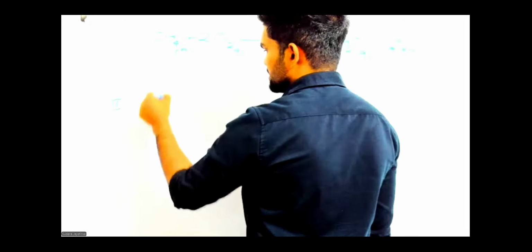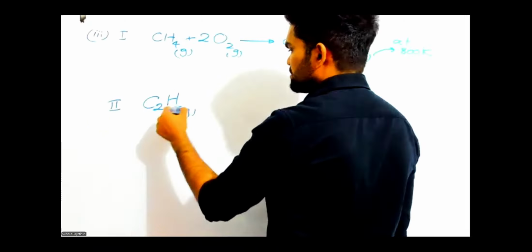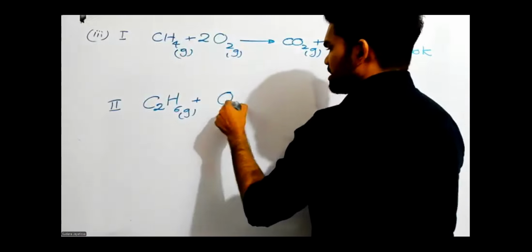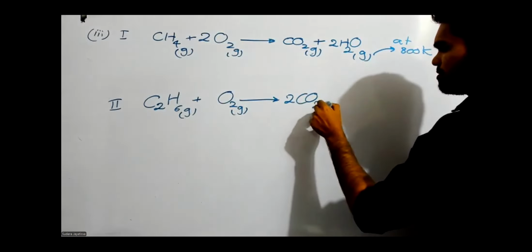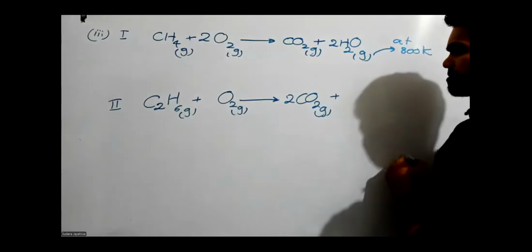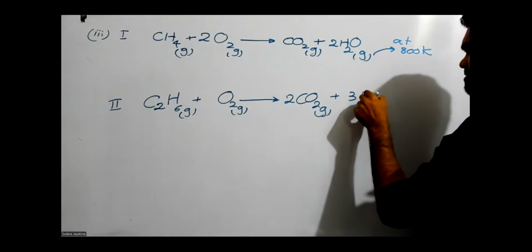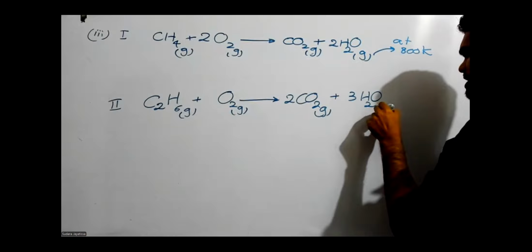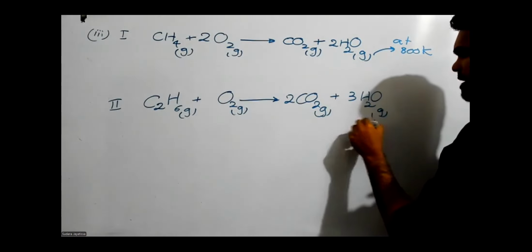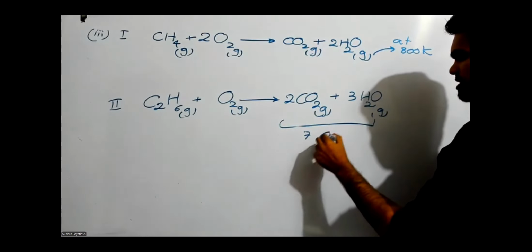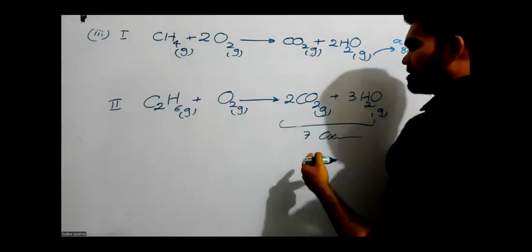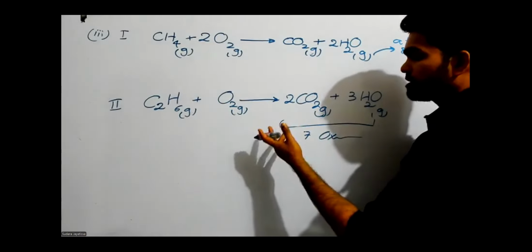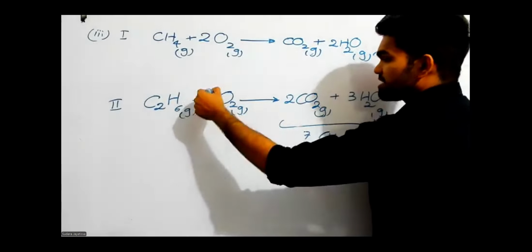The combustion reaction of C2H6 with oxygen. Like I said again, it forms 2 carbon dioxide and 3 water, 3 water gas. Now, on this side you have 7 oxygen atoms, so on the left side you have to add 7 over 2.